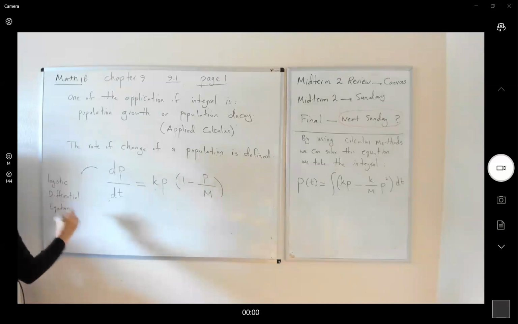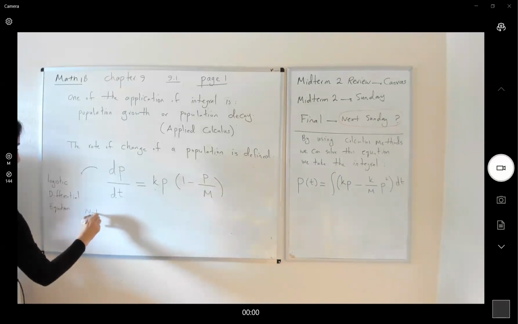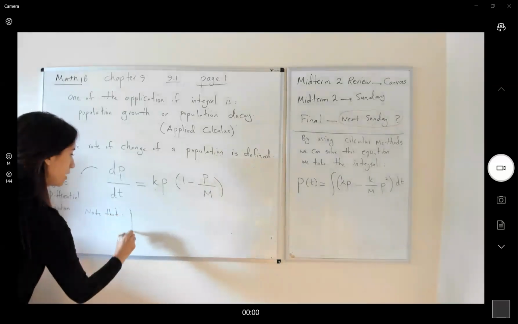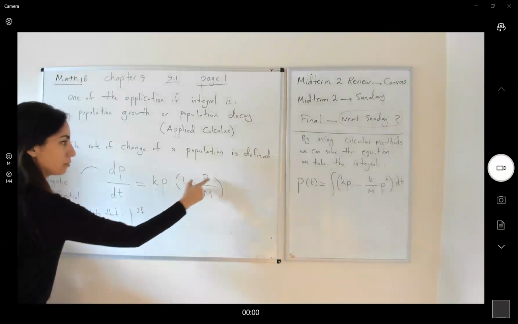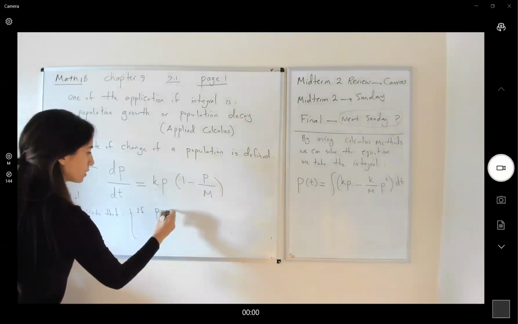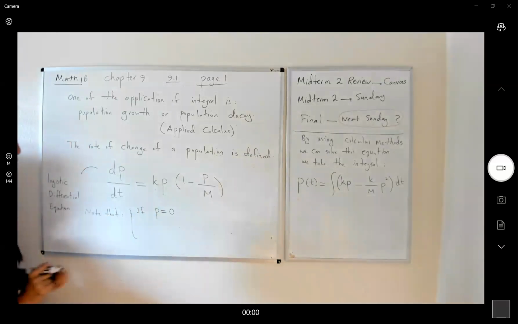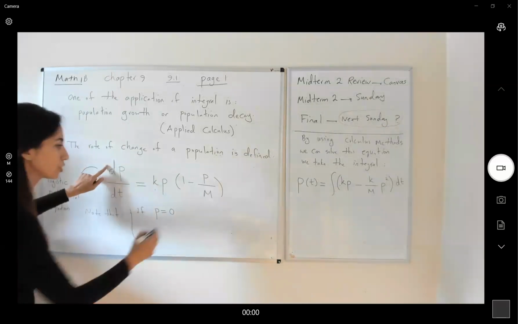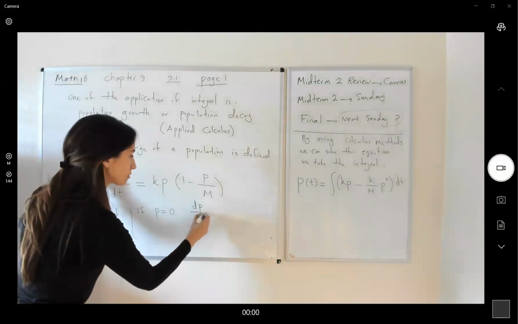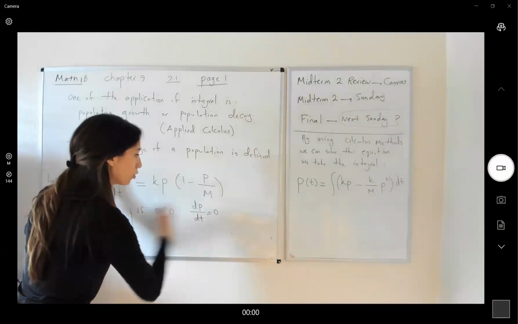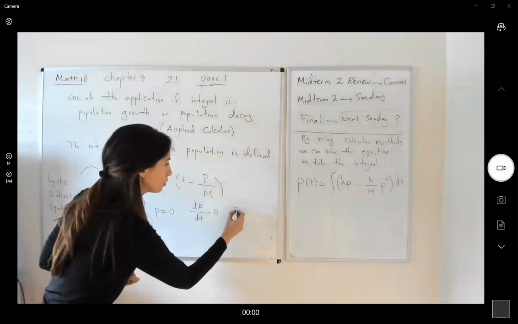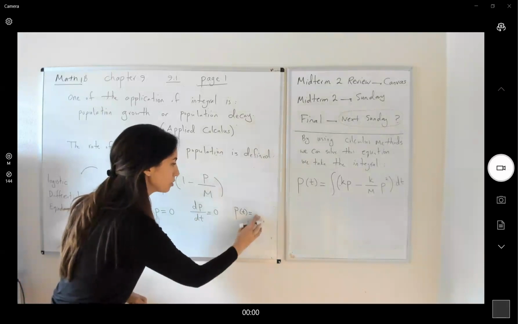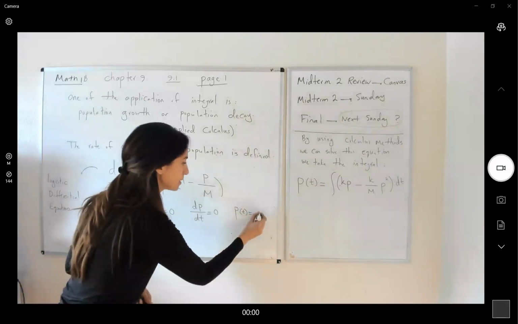Note first of all that if P is equal to 0, we have 0 times a quantity, which is 0, so the derivative dP over dt is equal to 0. You all know that the integral of 0 is a constant like c.